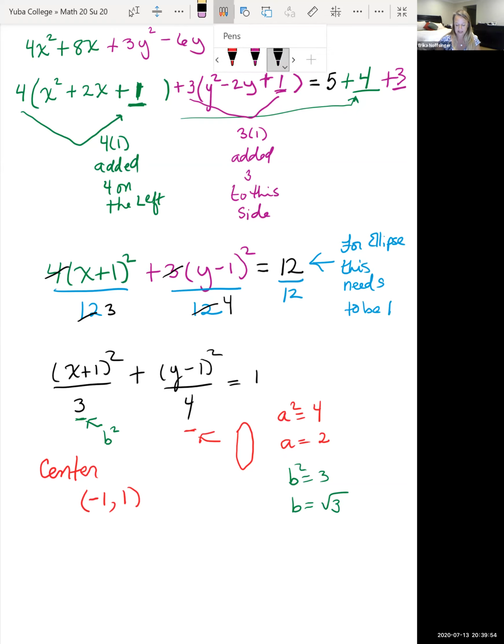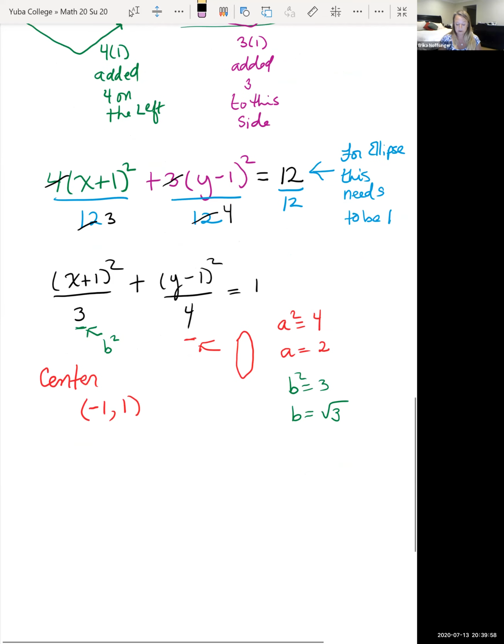So once I knew that, I really wouldn't even go through and find my points of my vertices. I would just plot. So I have a point I know at -1, 1. There's my center. My major vertex I know is 2. I made this big so I could make them more, but I'm going to change it.